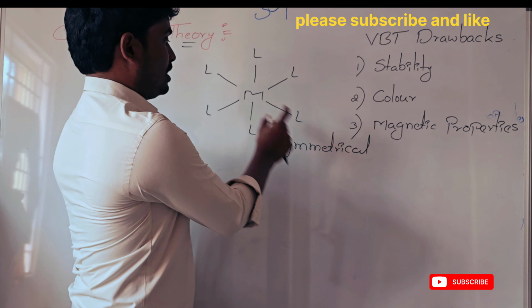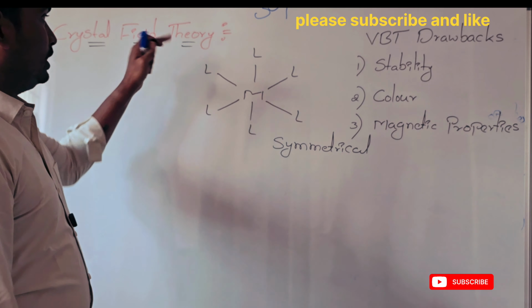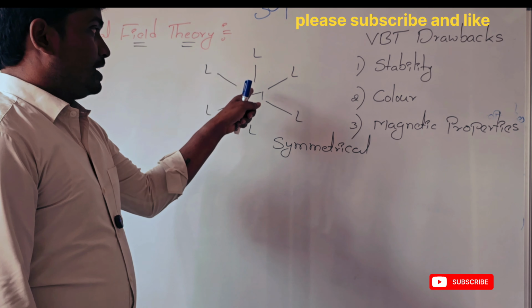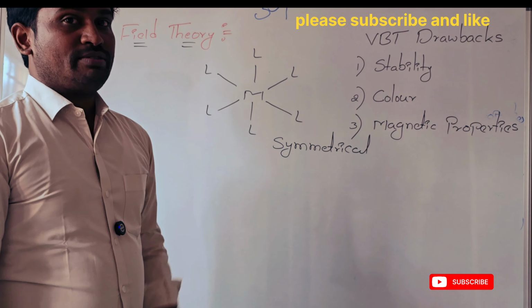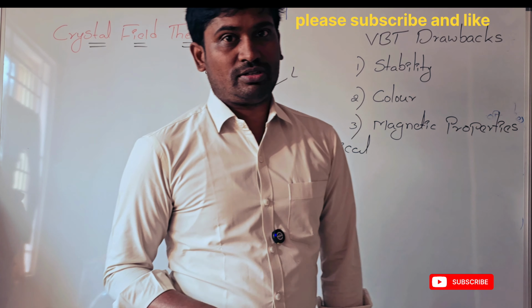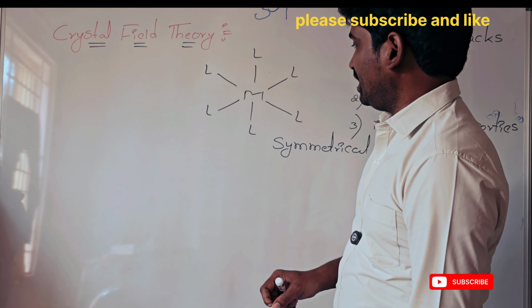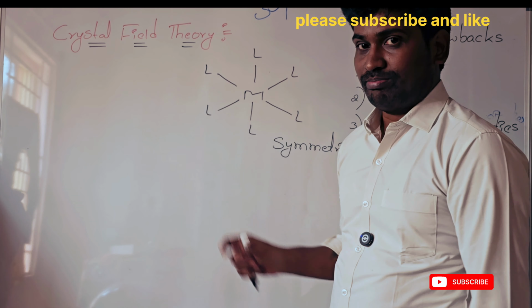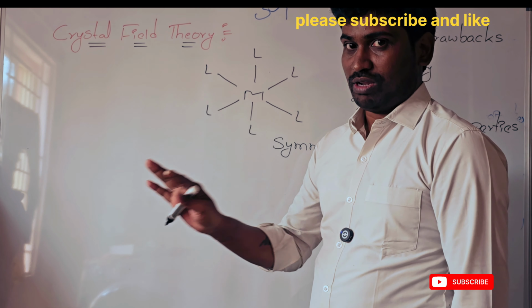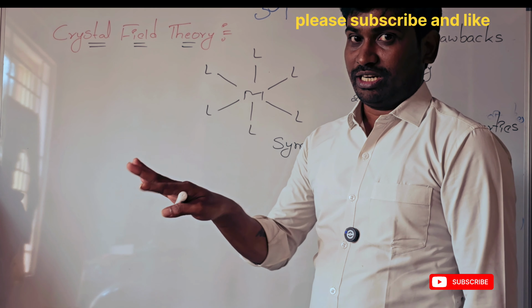Then the structure is called a symmetrical structure. But as per the crystal field theory, few complex compounds are not symmetrical. Why does this happen? As per the crystal field theory, all the bond lengths between metal and ligand are not equal. That is explained by Jahn-Teller distortion.